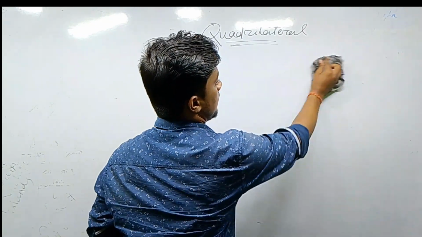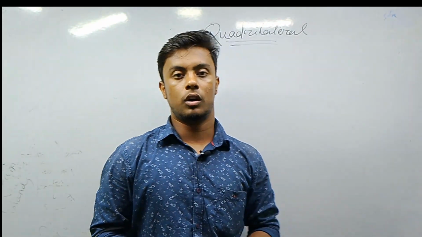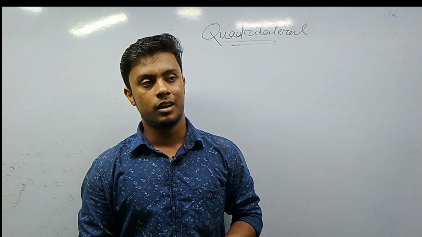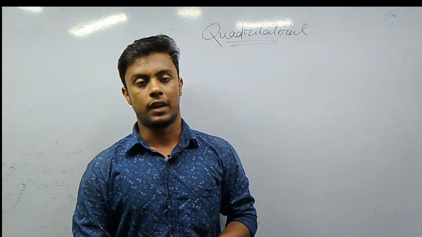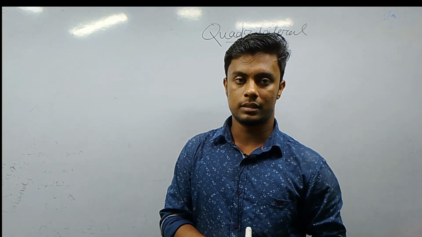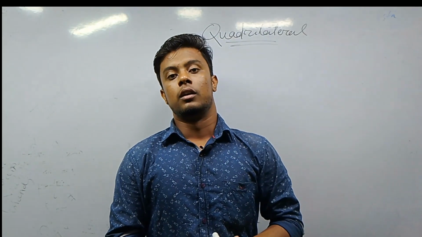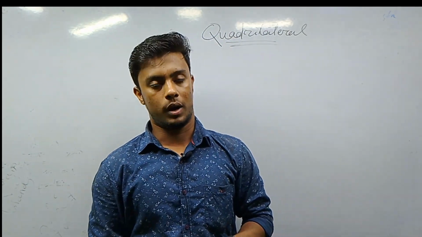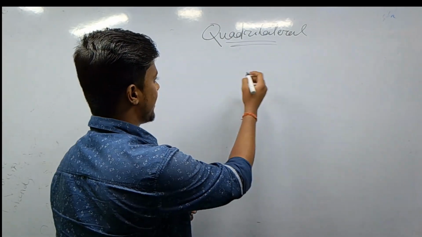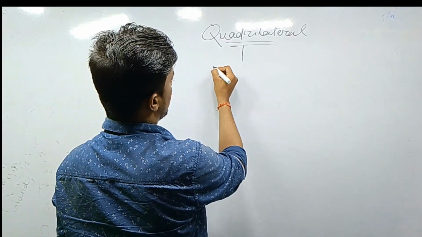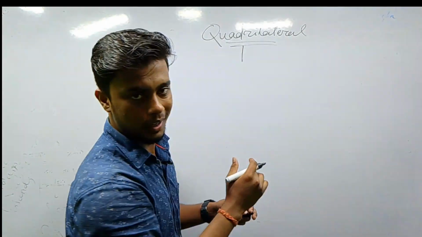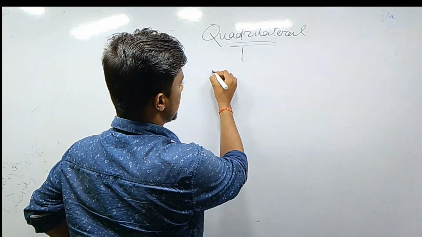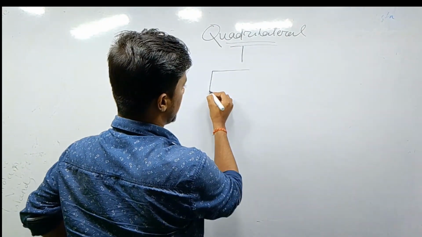After that we will study the updated versions of the quadrilateral. What are the updated versions? That means there are some more properties, some more rules of the quadrilateral. The first updated version is the trapezium.